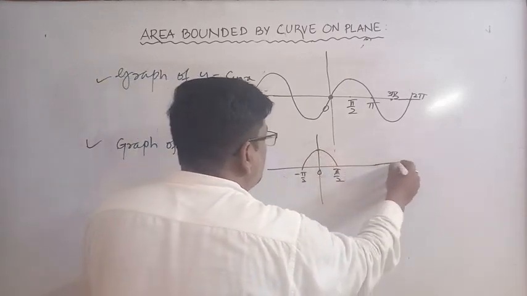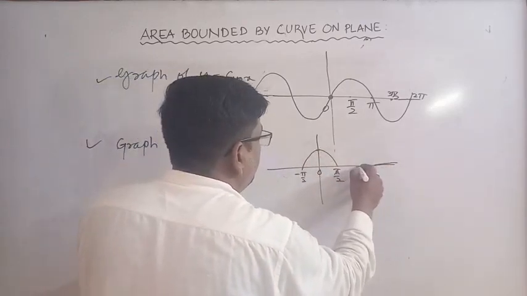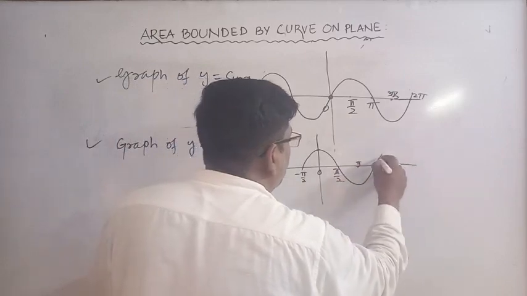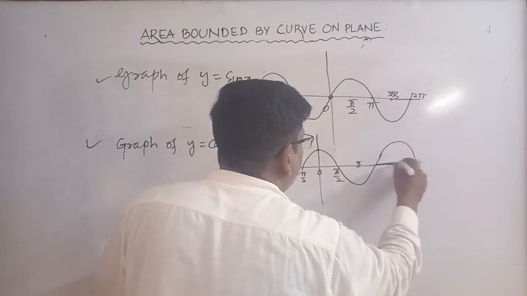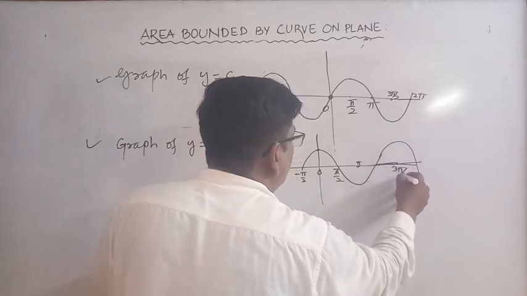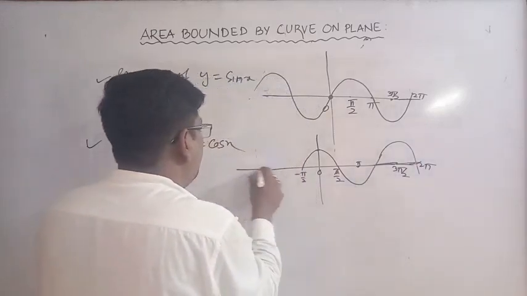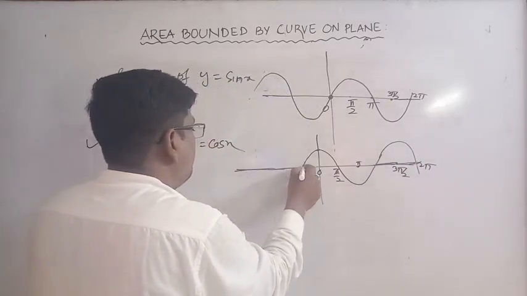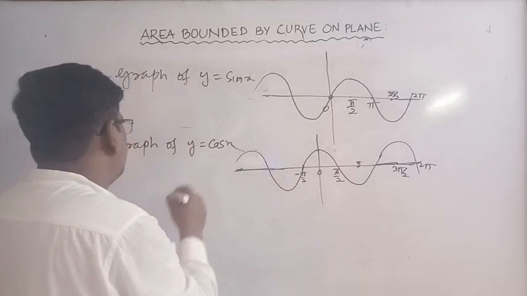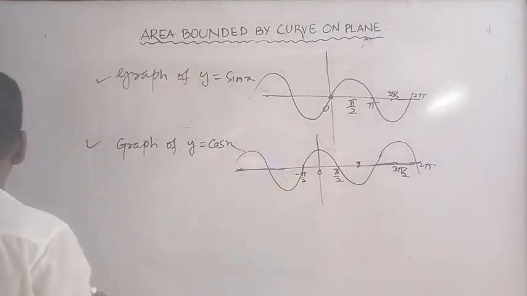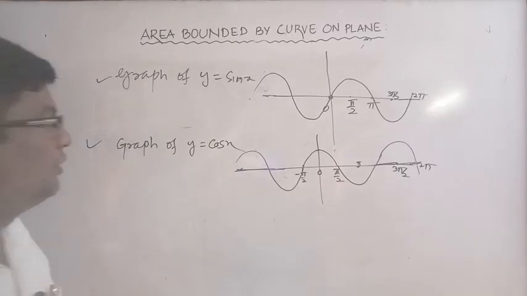And what is cos pi? This is cos pi, minus 1. And this is like this. This is 3 pi by 2 and this is 2 pi. Okay, and this is the graph of cos x.